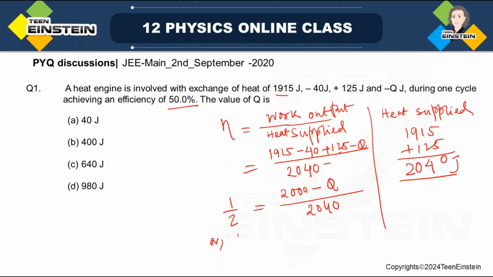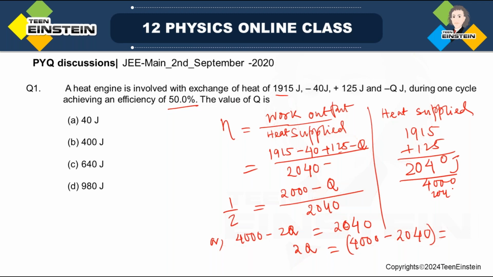So I get 4000 minus 2Q is equal to 2040. So I can write 2Q is equal to 4000 minus 2040, and this gives 1960.